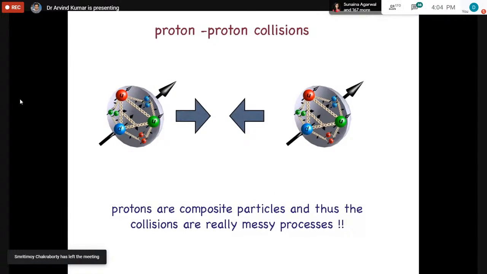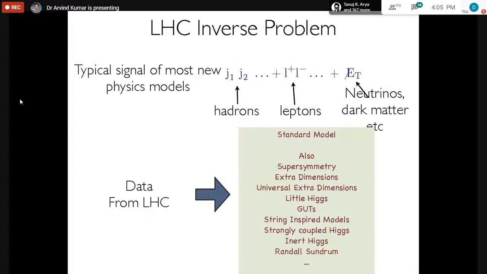Okay, so for example, let's take one simple example process, which is a proton-proton collision. These protons are composite particles, which are really UUD and UDD quarks, and there are a bunch of gluons being exchanged between them. When they hit, they give you a bunch of things. This is typically what's happening in a collider.